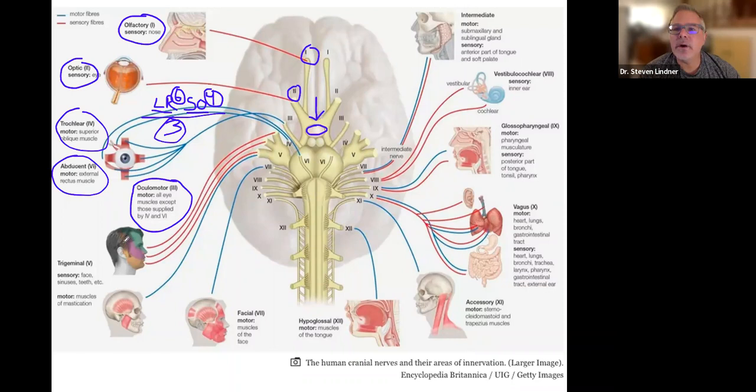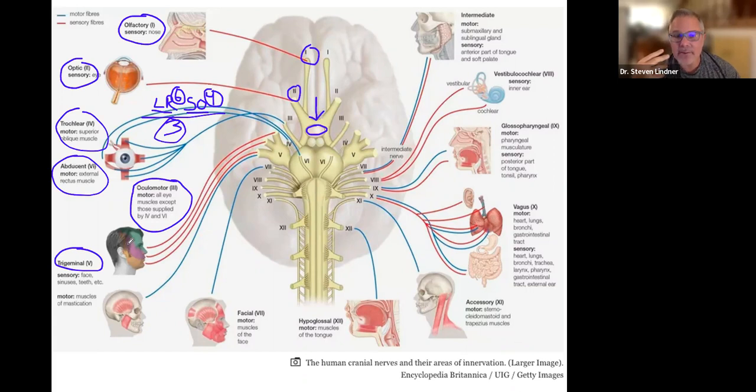Where is our cranial nerve 5? Where's the face? Here it is. Trigeminal, cranial nerve 5. This is the only cranial nerve that has a dermatome. So dermatomes are dealing with like a neurological mapping of sensation.